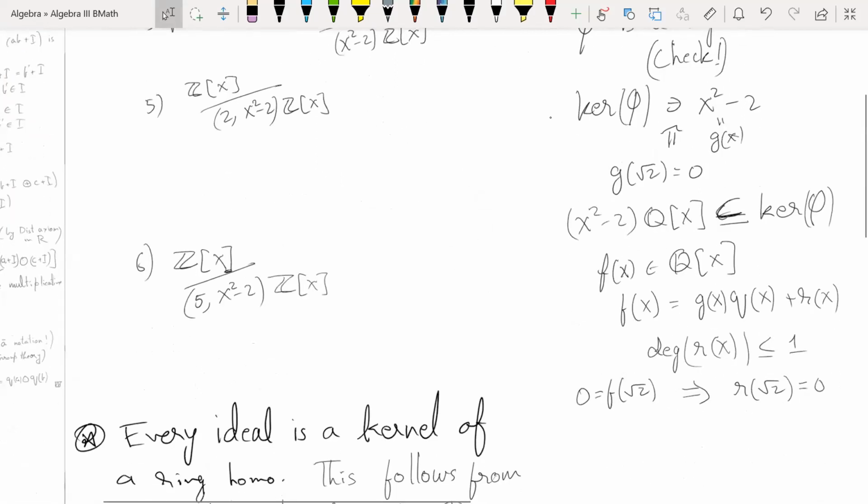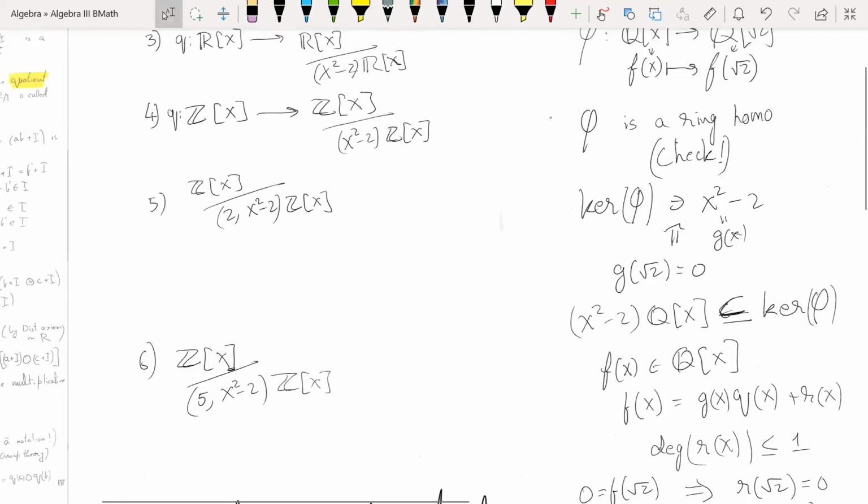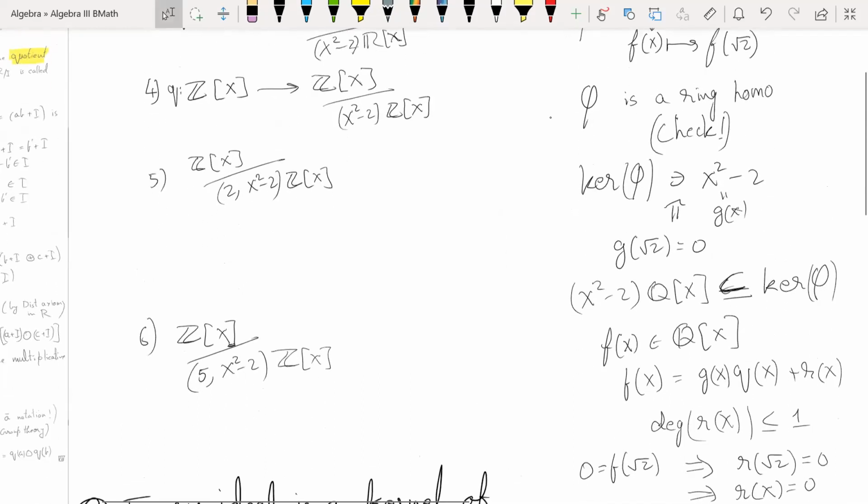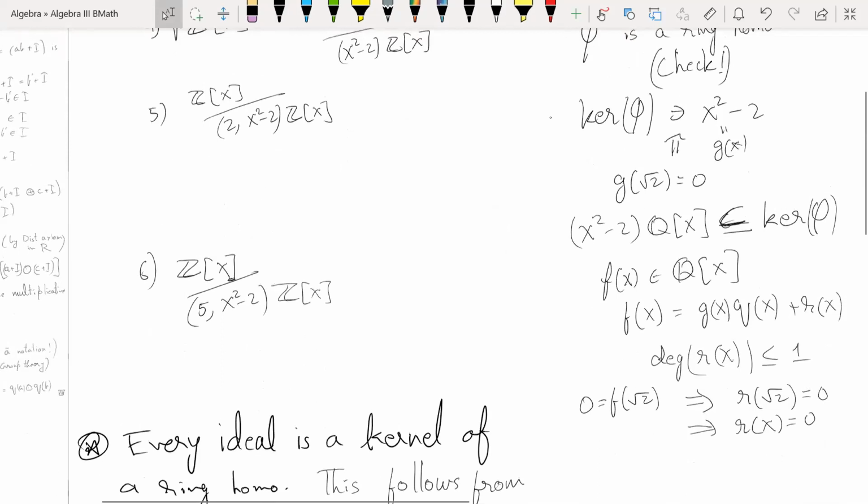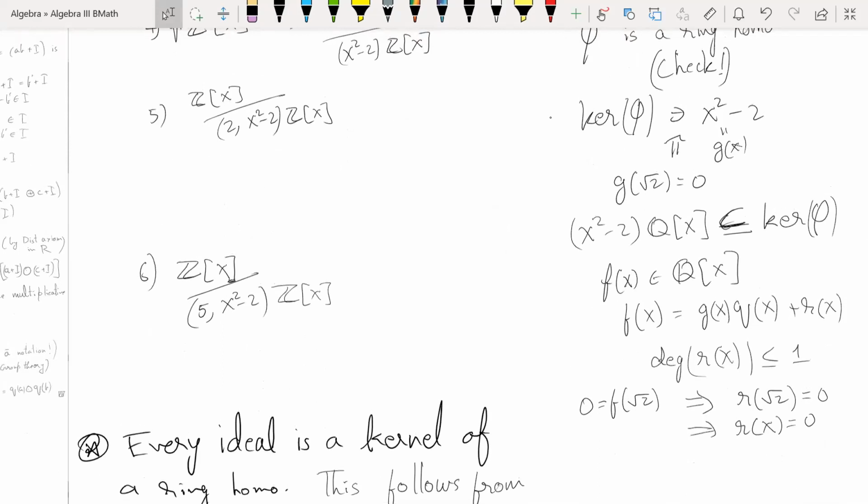So this tells you that r(x) must be 0. So if f is in the kernel of phi, then f(square root 2) is 0, and that implies that r must be 0, which tells you that f is a multiple of g(x), which implies that f belongs to this ideal.